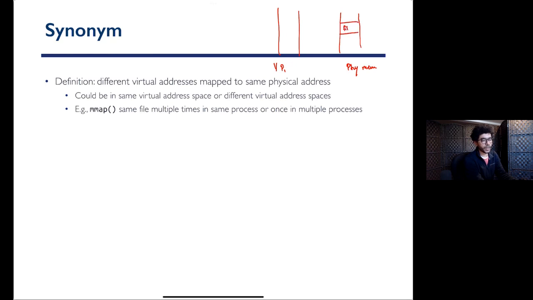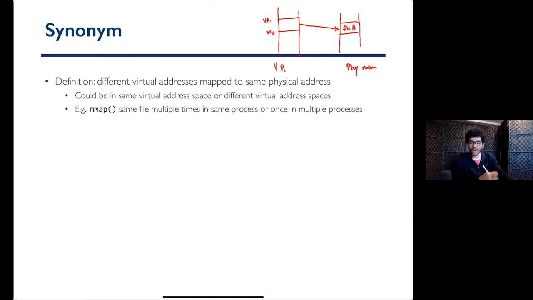So this is file A, for example, and then it maps it to somewhere in the virtual address space of this process. So the operating system maps this file to a certain address range of this process. Let's say the range from VA0 to VA1 goes for this particular address.